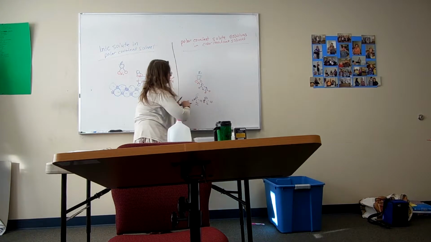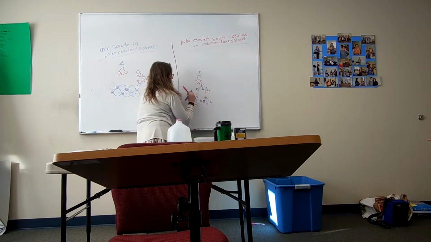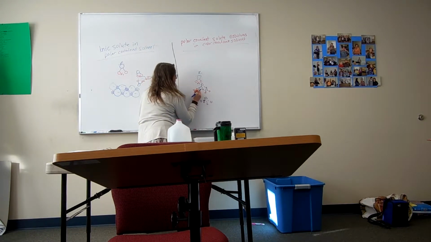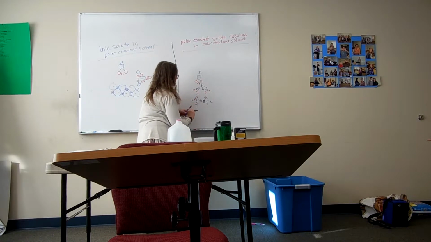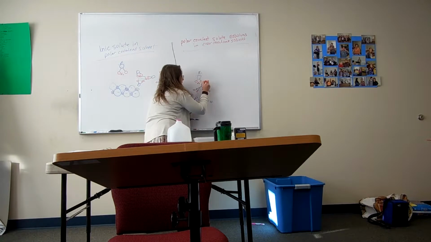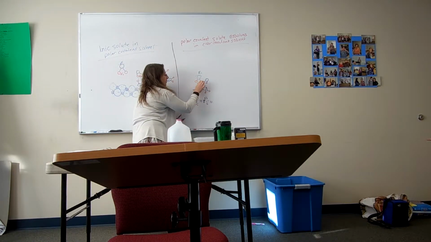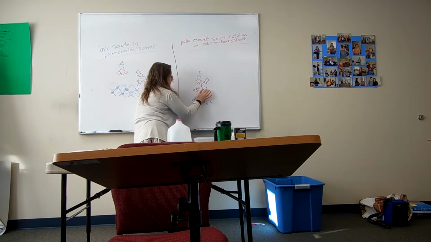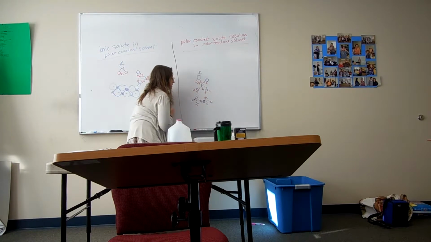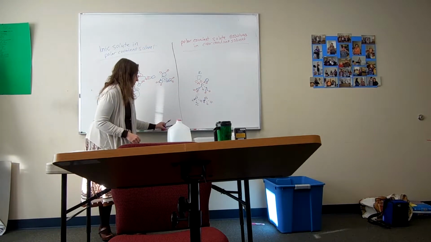So there's the water. There's the water. And then, so now we've got that one's surrounded. And you can see the hydrogen end of water is attracted to the phosphorus end of PH3. The oxygen end of water is attracted to the hydrogen end of PH3 because they're opposite charges.